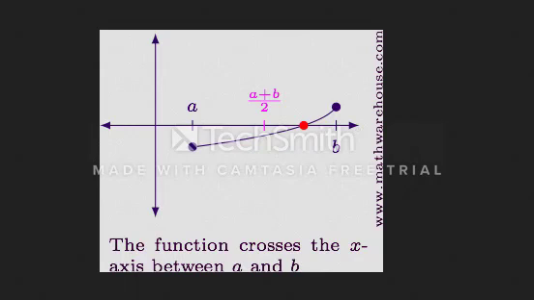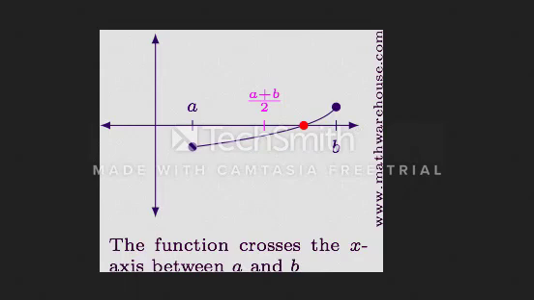The bisection scheme computes the 0, say c, by repeatedly halving the interval a comma b, starting with c equals a plus b by 2. That is this point. We'll continuously keep on calculating the point a plus b by 2. During this process, the interval a comma b is replaced either by c comma b or a comma c, depending on the sign of f(a) into f(c).